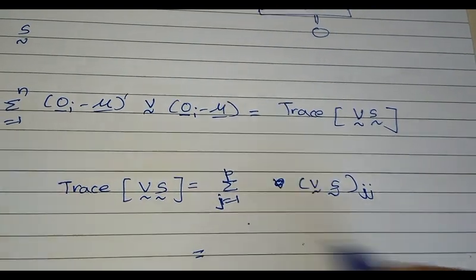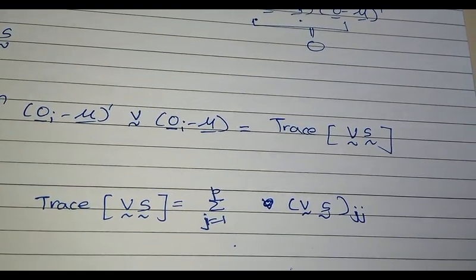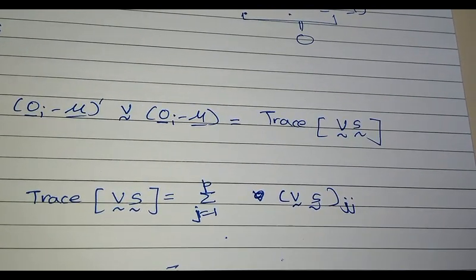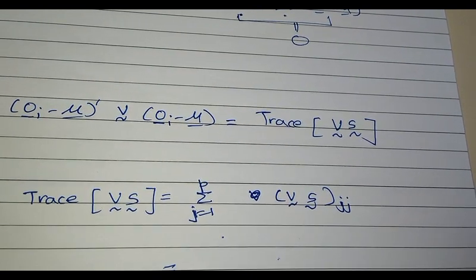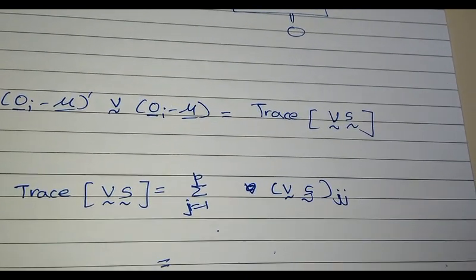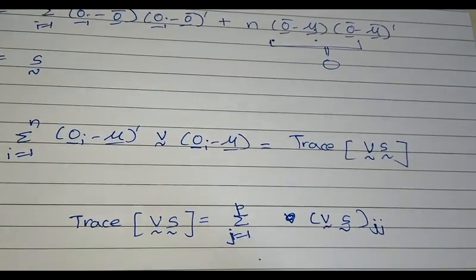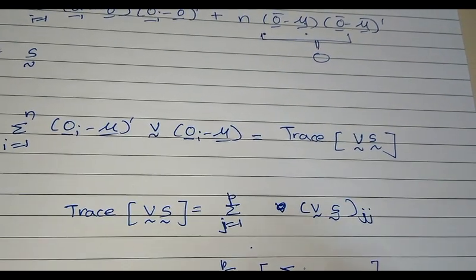So if we consider the jjth element, how can I write that? This would be a matrix product.